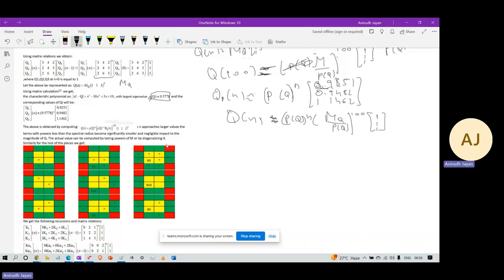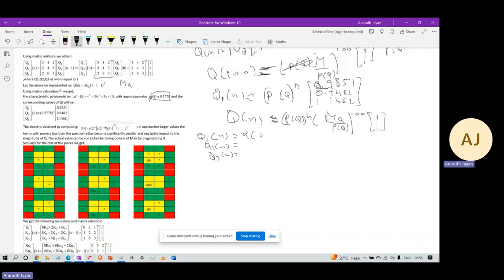Now we know that Q1, Q2, Q3 will be a linear combination of the eigenvalues.